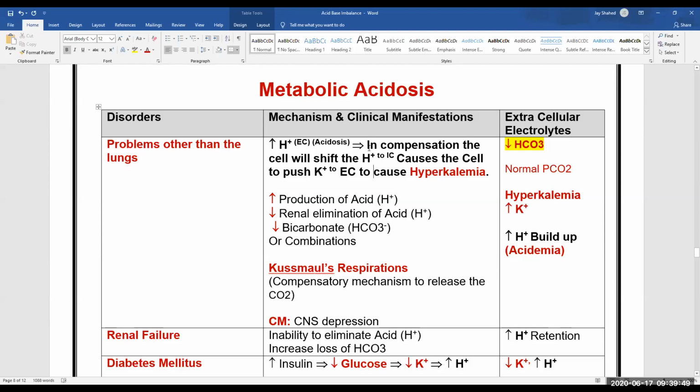Usually potassium goes up, hydrogen comes down, but in this case, the hydrogen will shift in and the potassium will shift out, because when you have acidosis, that means you have too many hydrogens in the blood. You're expecting the potassium to come down and get hypokalemia, but because of all that acid outside, when it comes inside, the potassium will shift out to balance things out. A lot of these hydrogens come in, some of the potassium goes outside into the extracellular space, and eventually you have hyperkalemia in this case.